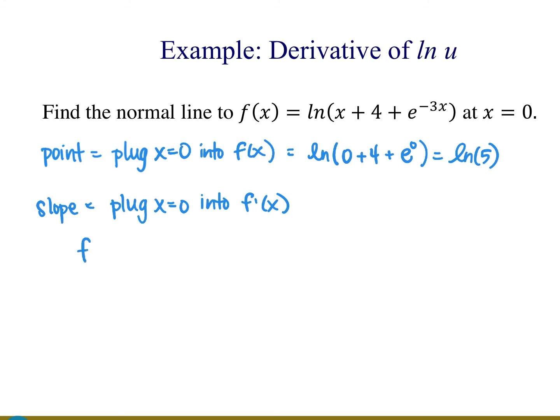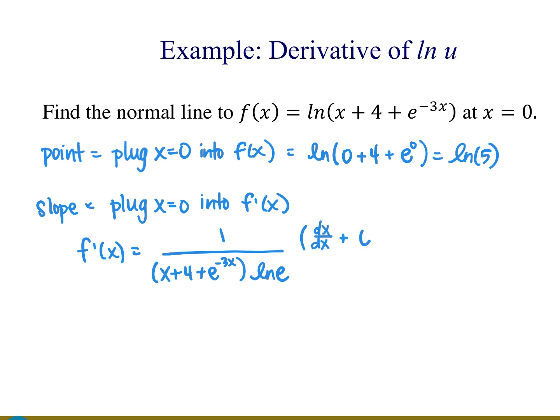For f prime, I'm going to need 1 over. All right, part 1, x plus 4 plus e to the negative 3x. Part 2, ln e. Part 3, the derivative of what was in the parentheses. So that'll be the derivative of x is 1, or dx dx, which we can change to 1.